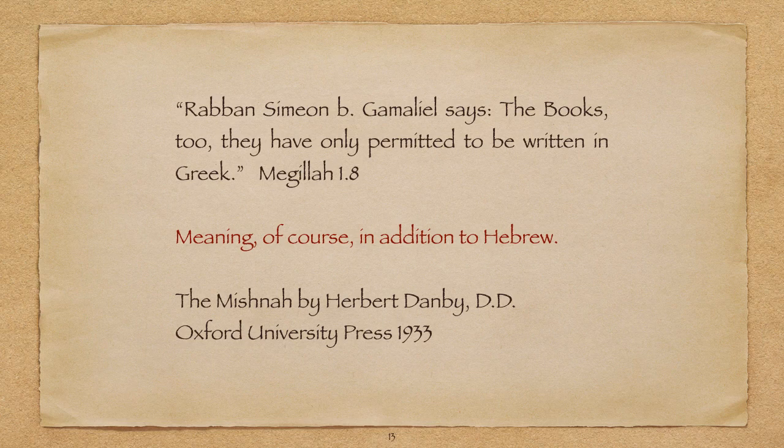Between the 1st and 3rd centuries before Christ, the Hebrew Scriptures were translated into Greek by Jewish scholars. The Greek Scriptures were at that time accepted by the Jews as Scripture, as can be seen by the passage in the Mishnah written around the time of Christ, which reads, Rabban Simeon B. Gamaliel says, the books, too, they have only permitted to be written in Greek, Megillah 1:8, meaning, of course, in addition to Hebrew.